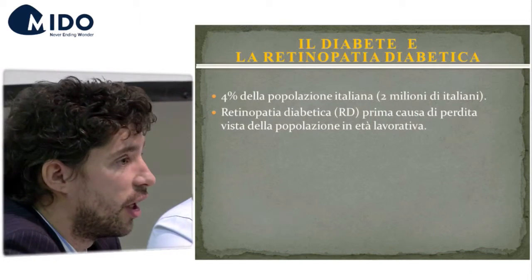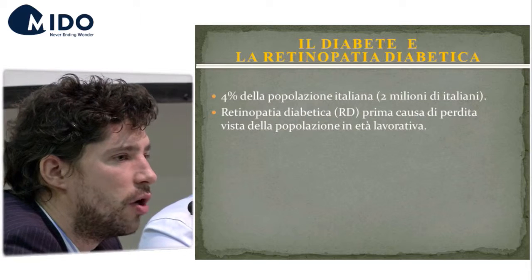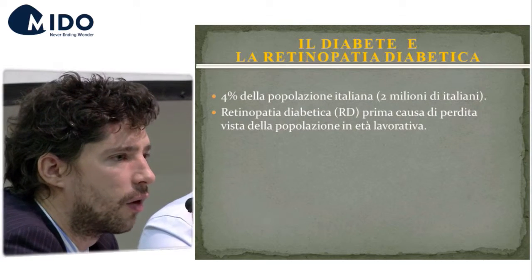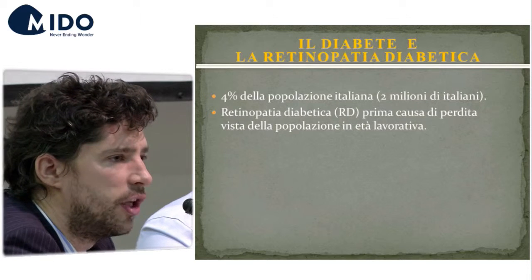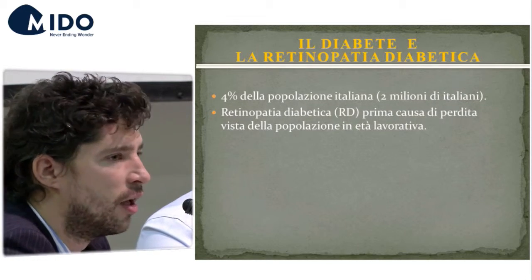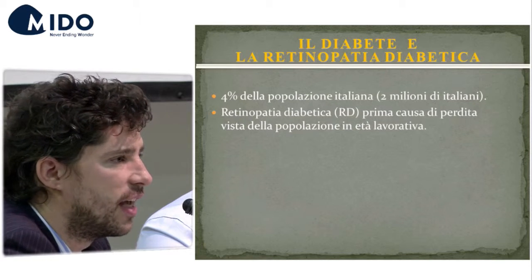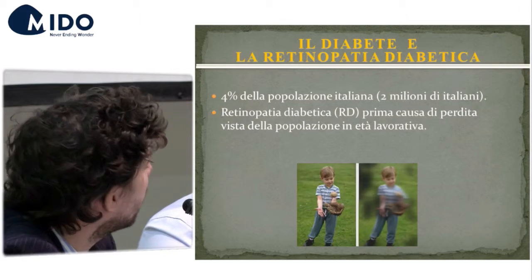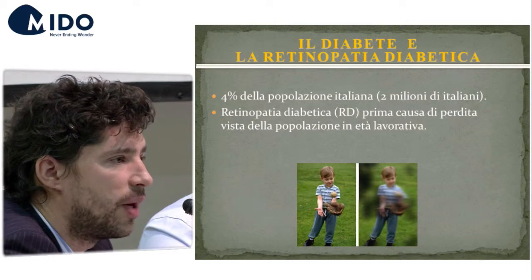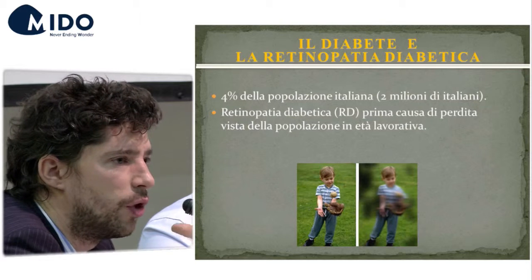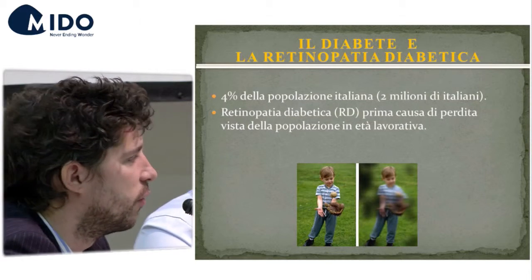And amongst such problems, you have diabetic retinopathy. In Italy, 2 million patients, that is to say 4% of the population, suffer from diabetes. That's just the beginning. And this percentage will increase because of longevity and eating habits, and it's the first cause of blindness in the working population.